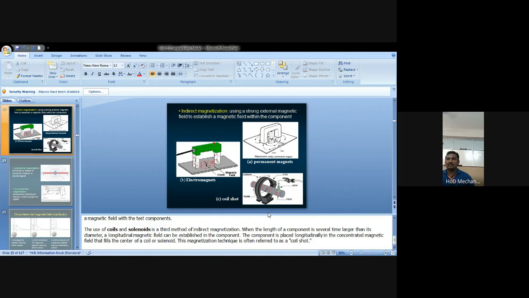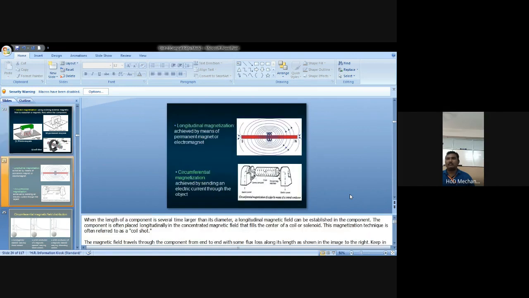This magnetization technique is often referred to as the coil shot method. Okay, so that is the indirect method of magnetization. That is one of the NDT methods. In this method, we can check ferromagnetic material only. Here, there is longitudinal magnetization and circumferential magnetization.